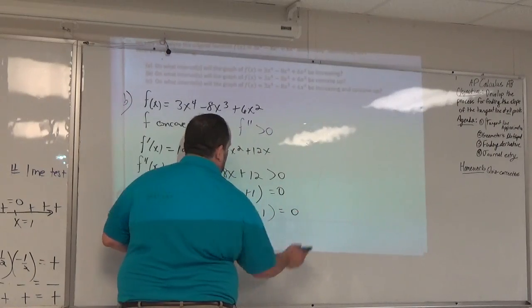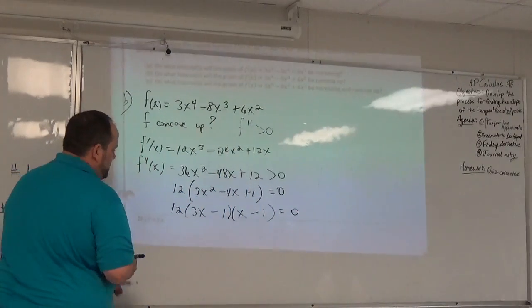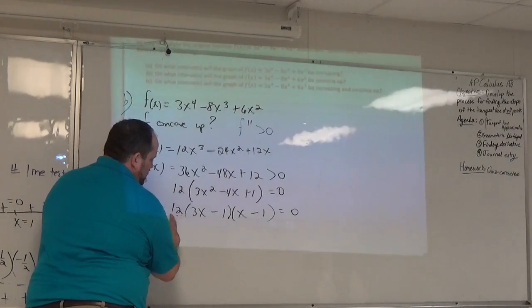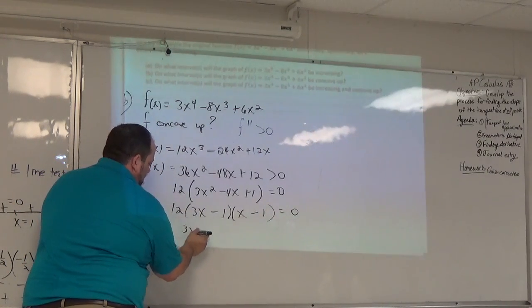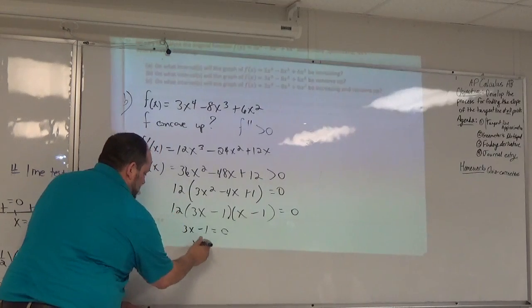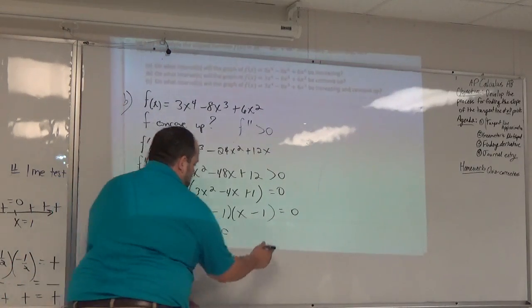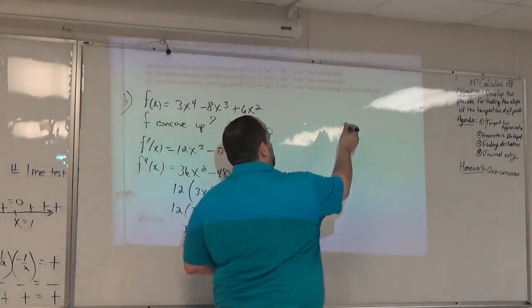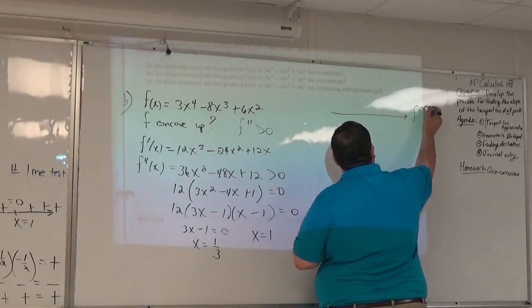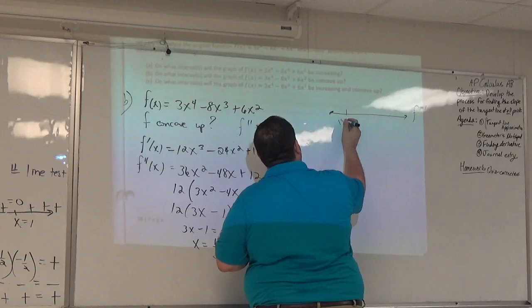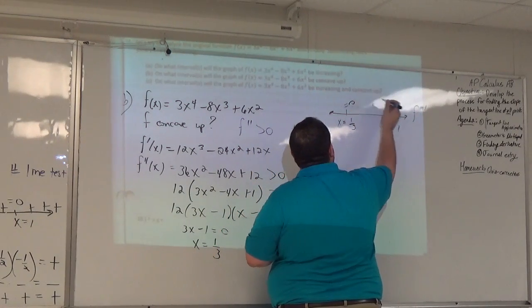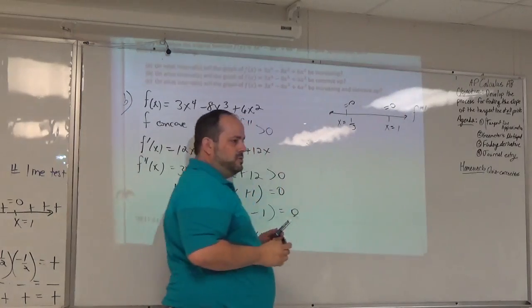I want to figure out where this is equal to 0. I need 3x minus 1 equal to 0. Is that a third? Yes. X minus 1 is equal to 0. That means 1. I'm going to build my number line. Here's f double prime. X equals a third. X equals 1. I've got a root and I've got a root.